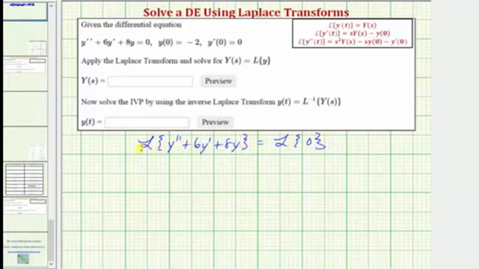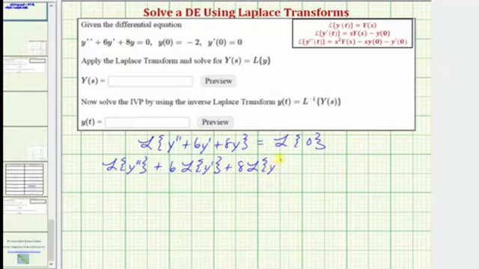Let's write the left side as the Laplace transform of y double prime plus 6 times the Laplace transform of y prime plus 8 times the Laplace transform of y equals the Laplace transform of 0. Now determine each Laplace transform.